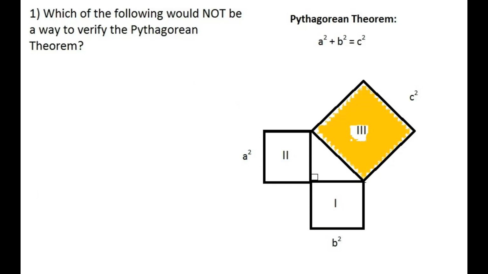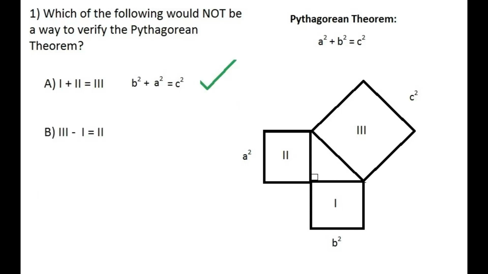So let's go through these. Our strategy is to treat them like they're true-false questions. With the first one, is block 1 plus block 2 equal to block 3? Well, in terms of the Pythagorean theorem, we're asking, is b squared plus a squared equal to c squared? And it is. All we did was flip a squared plus b squared. So yes, this one is true. Let's go to the next one.